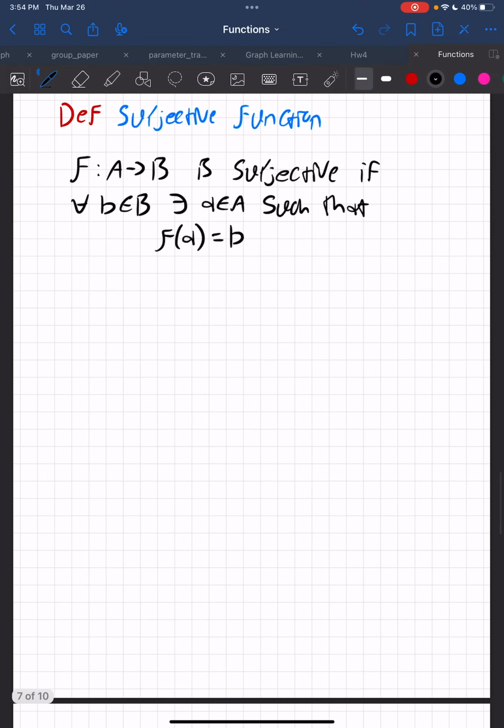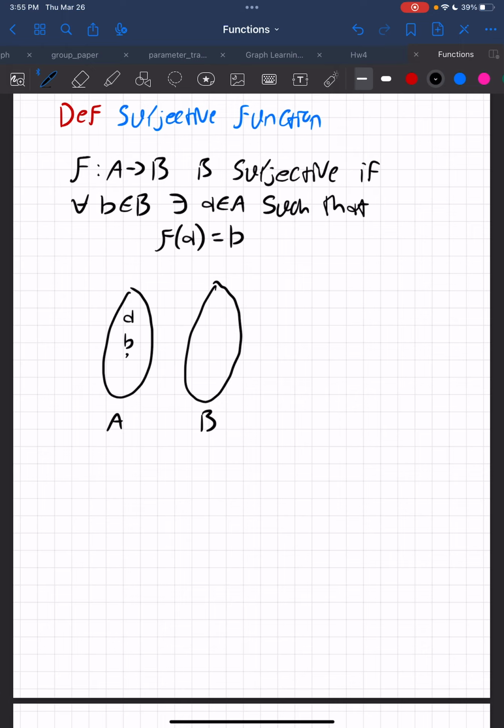Okay, so let's go back to our example where we have some simple sets where we can depict the functions via arrows moving from one to the other. So we'll call this A and B. Let's say A has a, b, c, and d, and B has e, f, g, and h.